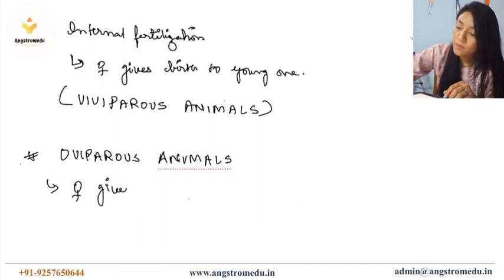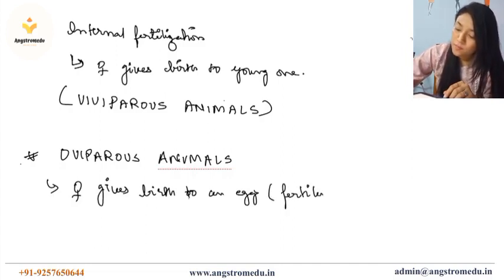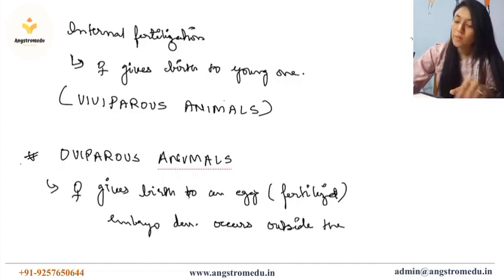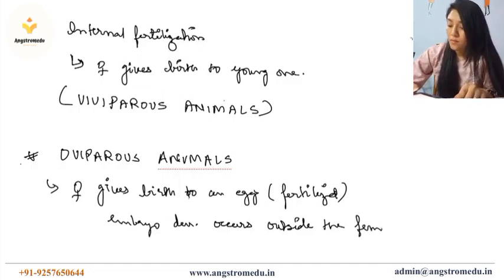The female gives birth to a fertilized egg, and then embryo development occurs outside the female body.